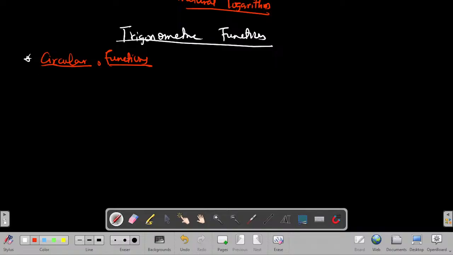Good. So trigonometric functions are also called circular functions. These functions are simply cyclic in nature, okay? And they are defined as functions of angles. So we call trig functions functions of angles of a triangle.